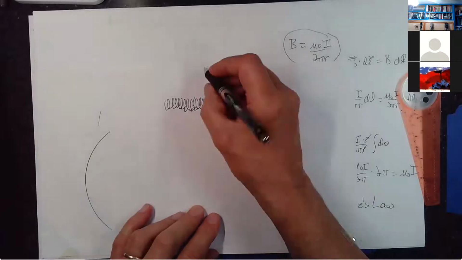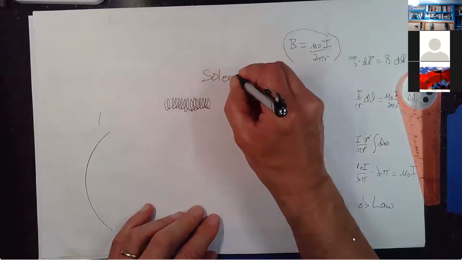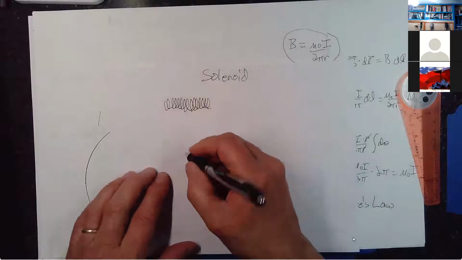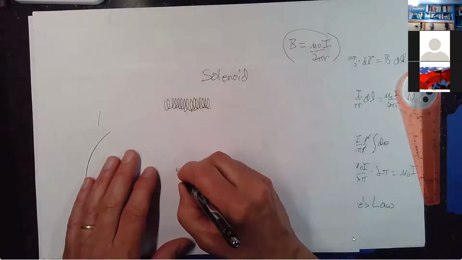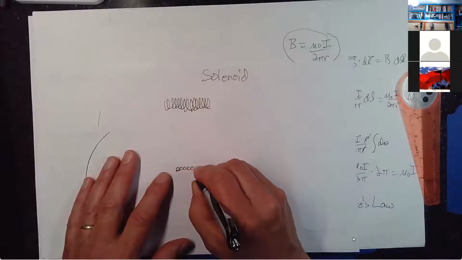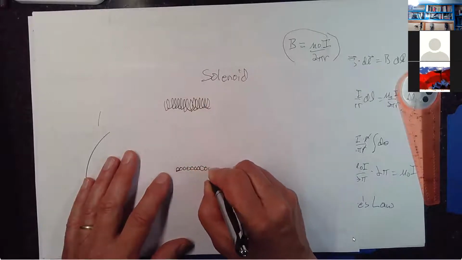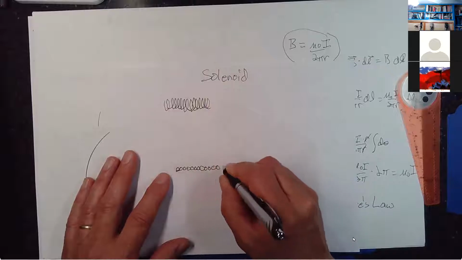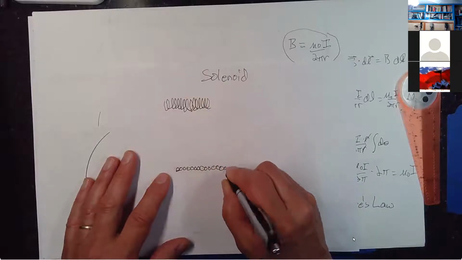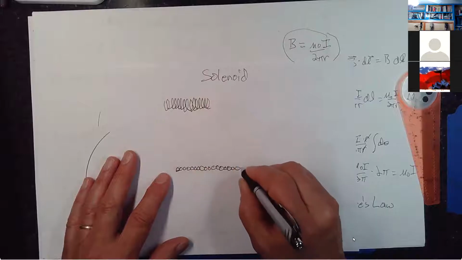But anyway, solenoid, what do we do with something like that? Well, you imagine that you're looking at just a part of the solenoid, maybe half of it, say, and you've got a whole bunch of wires that are all right next to each other that are all carrying the same amount of current.